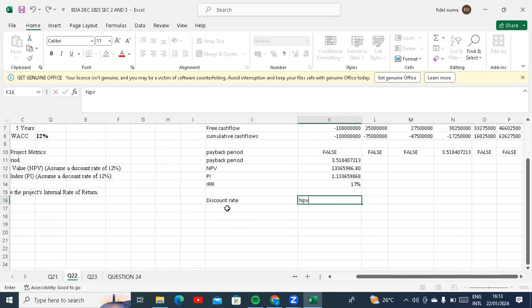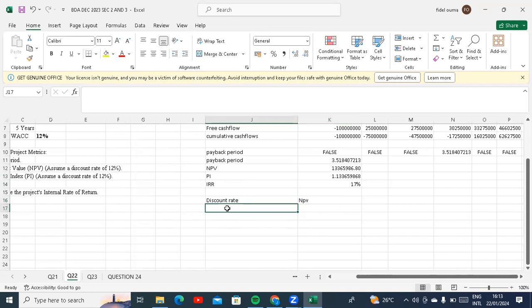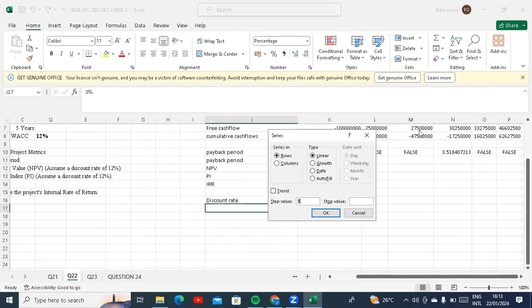I'll start with 0%, and I want to go up to 20%. So I'll go to fill, go to series, go to column. Then my step value is 1%, and I'll stop at 20%.